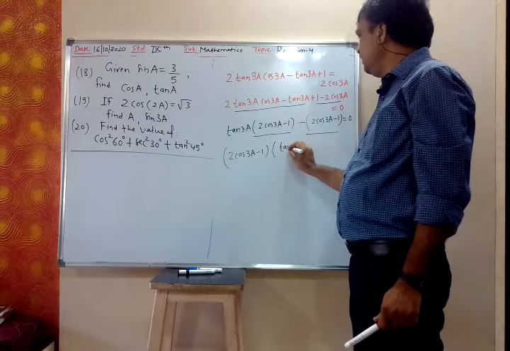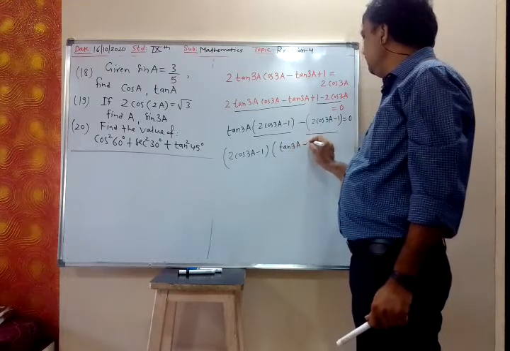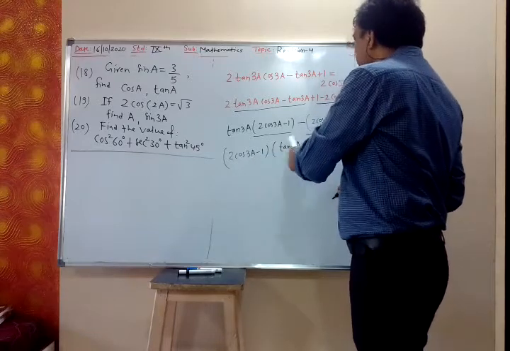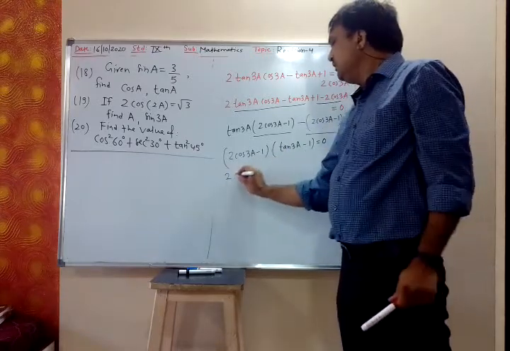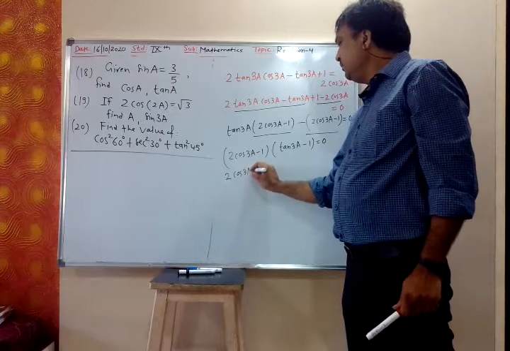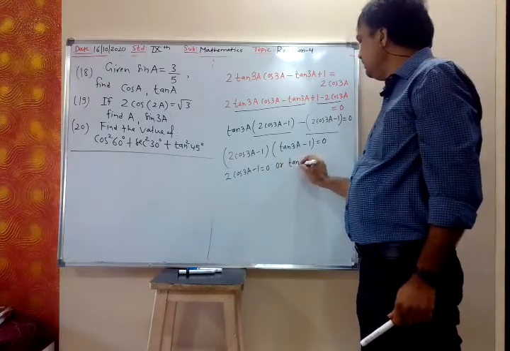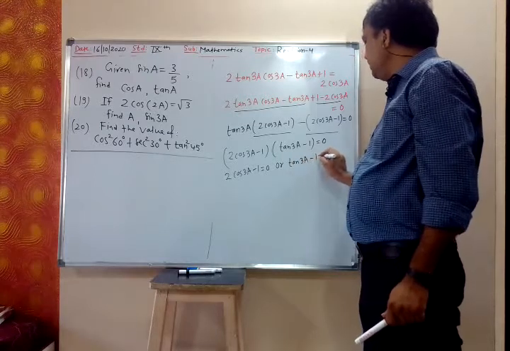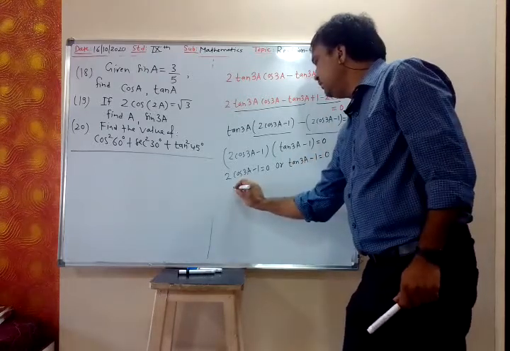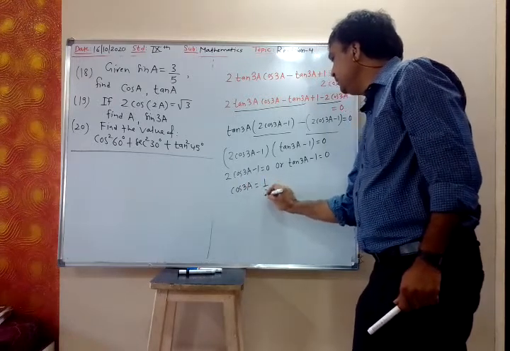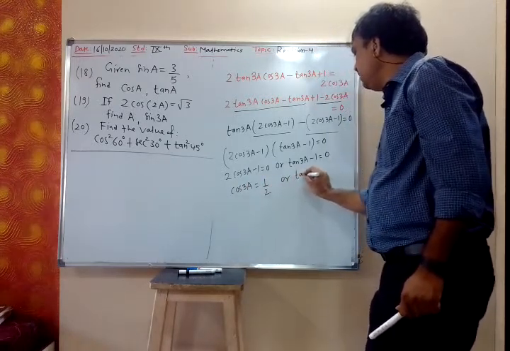Tan 3a minus 1 is equal to 0. So multiplication of these two is 0, means either this is 0 or this is 0. So that will give you 2 cos 3a minus 1 is 0, or tan 3a minus 1 is 0. So that will give you cos 3a is equal to 1 by 2, or tan 3a is equal to 1.